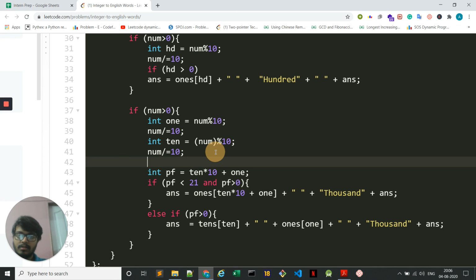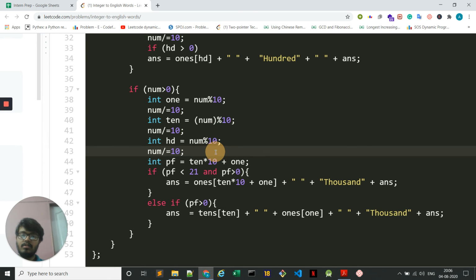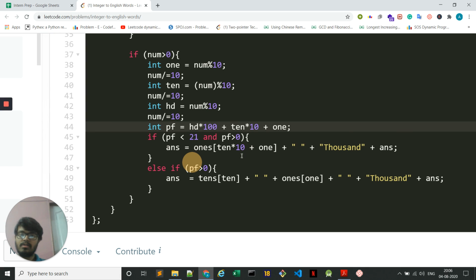Let us say HD denotes the hundreds digit. So the number is now HD into 100 plus this. If this number is less than 21, then obviously this is the answer.